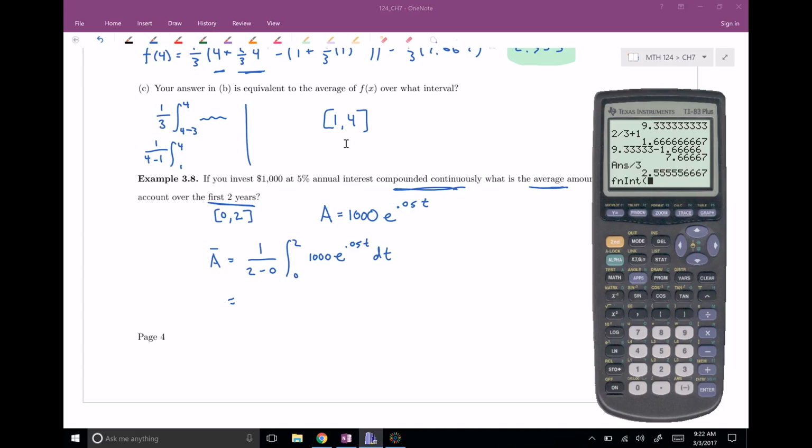All right, and I want to integrate 1,000 times e to the 0.05. Remember, the calculator likes x's, so we'll use x. All right, we want to integrate with respect to x on the interval from 0 to 2. Close parentheses, hit enter.